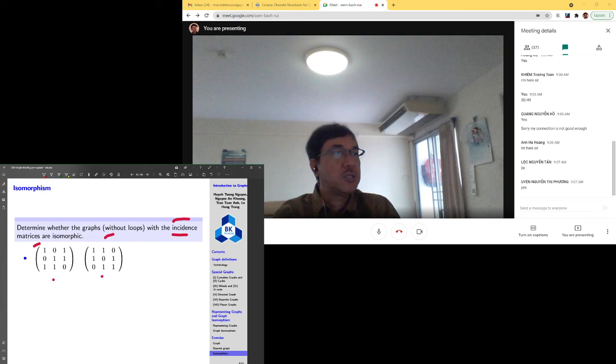So we employ the two of them to draw the graph before you check the isomorphism. Having the graph you can check, but looking at the matrix you are not able to do it now. So this is G1 by incidence, not adjacency, and you have to draw them. You have to write down explicit information for G1, G2 before you can test the isomorphism.